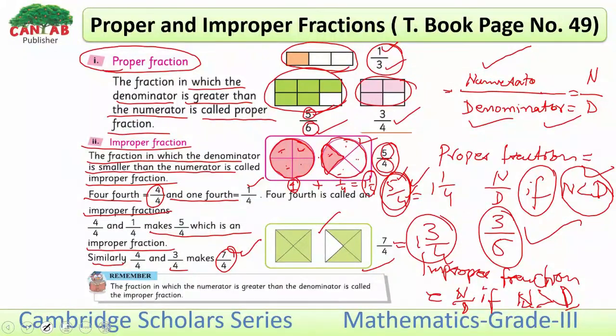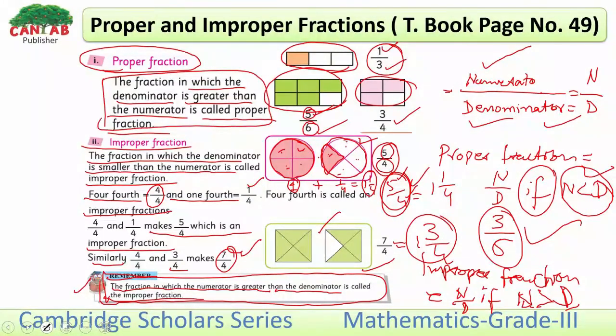Similarly, students, you have to remember this one. The fraction in which the numerator is greater than the denominator is called the improper fraction. This is the definition which you have to remember and memorize. This definition and this definition you have to remember.